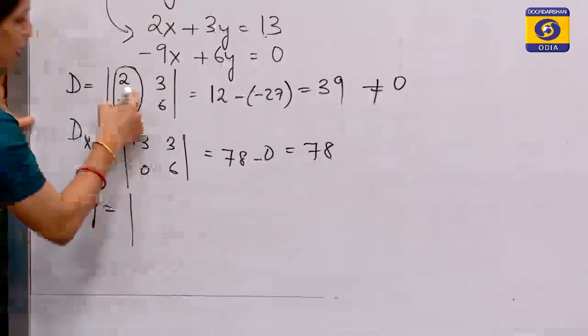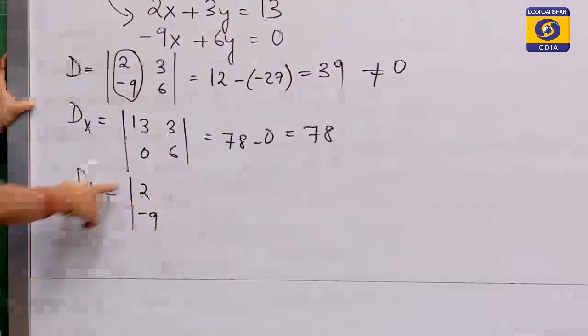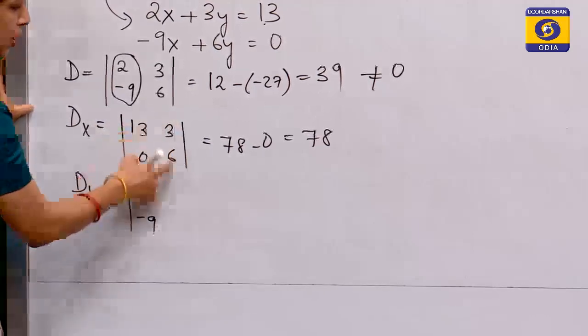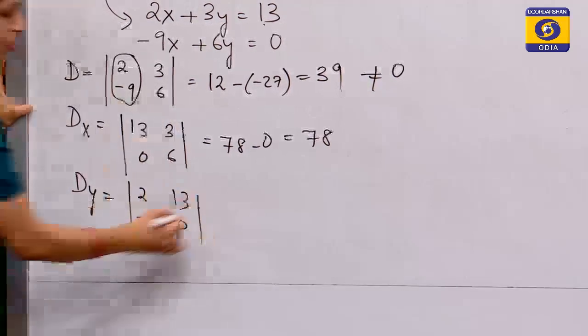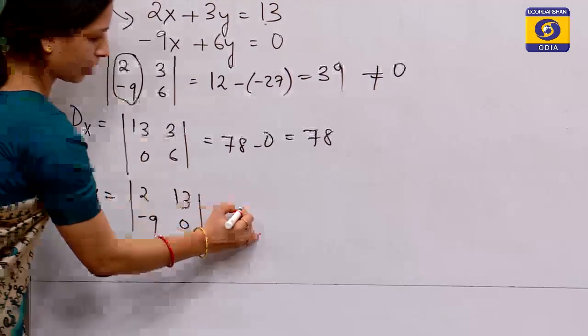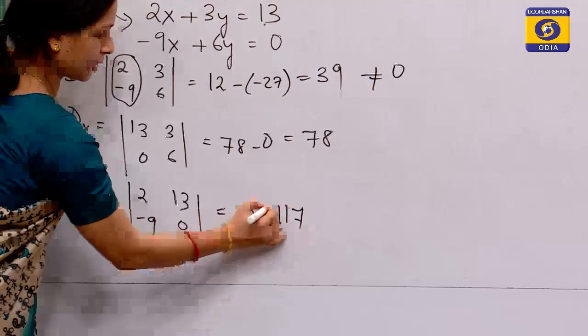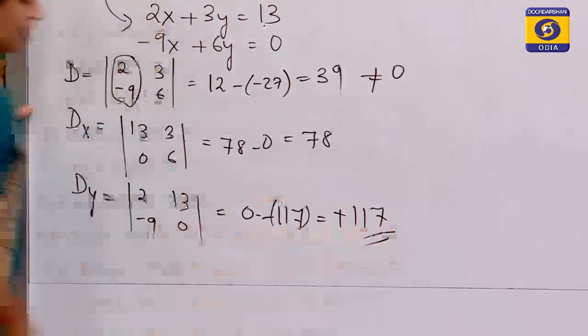The x coefficients remain the same, we change the y coefficients. So, 3, 6 will be converted to 13 and 0. The answer is 0 minus 117, minus 117, so this will become plus 117, right.